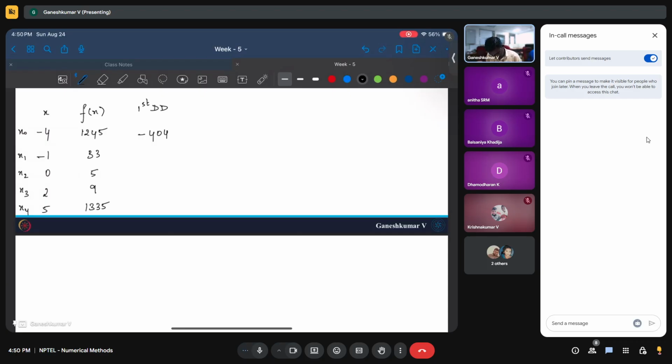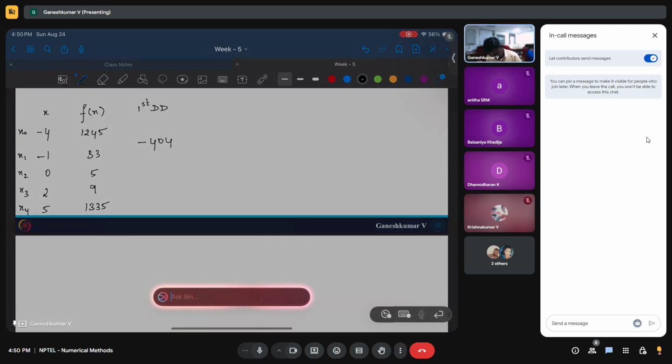Okay, and this is going to be 5 minus 33 divided by 1, so -28. So I was thinking maybe we can write it in the middle for better clarity.